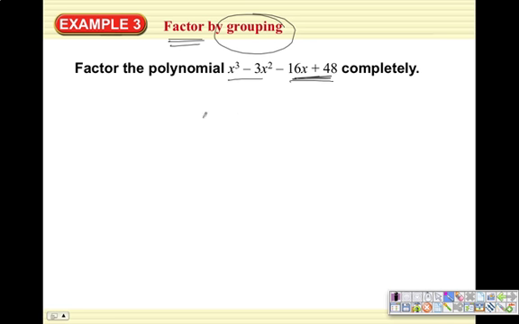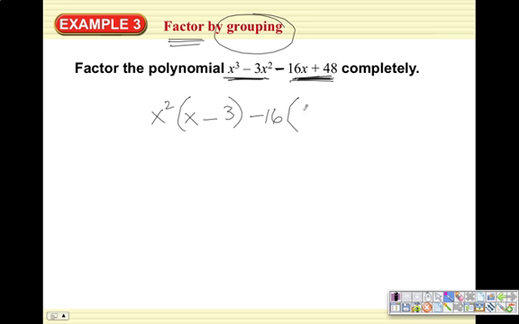So step 1 is you're going to take these 2 and find the GCF, which is x squared. You're just going to factor it out of these 2. So that becomes x squared times x, minus x squared times 3. Out of the second part here, 16 and 48, you're going to pull out a 16, but since there's this minus 16, it makes it a little tricky, so you're going to pull out a minus 16 instead of just 16.